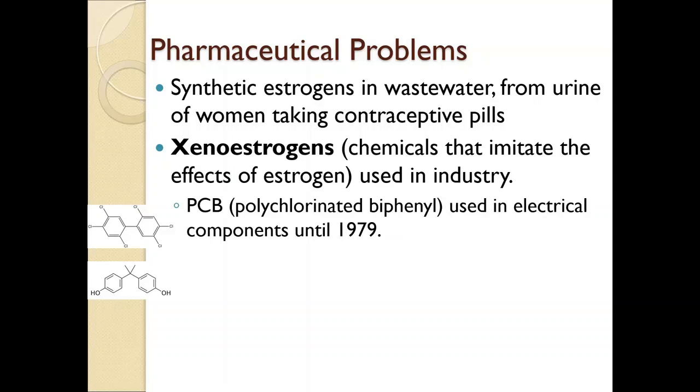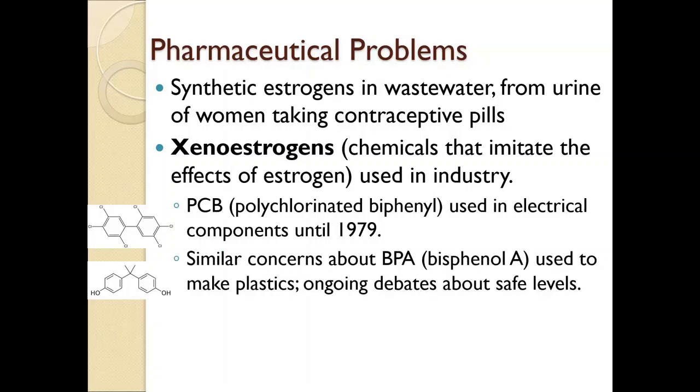Some examples of xenoestrogens are PCB, polychlorinated biphenyl, which was used in electrical components until 1979. More recently, bisphenol A, BPA, is used to make plastics, and there are ongoing debates about safe levels. But right now, you see "BPA free" on lots of plastic items that you can buy in stores now.